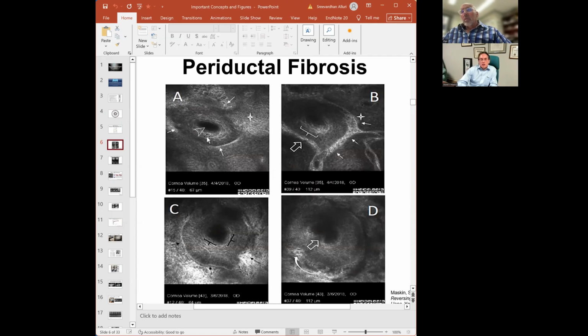It's surrounded by the duct wall comprised of epithelium. The arrow at 12 o'clock, or more like 12:30 to 1 o'clock, and the star at 3 o'clock indicate sheets of scar tissue.